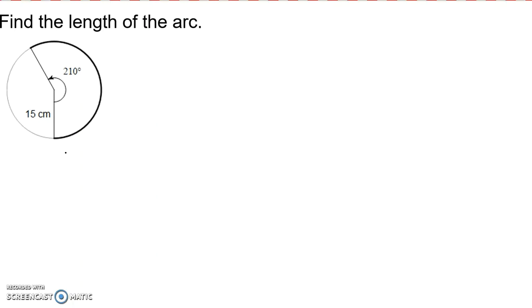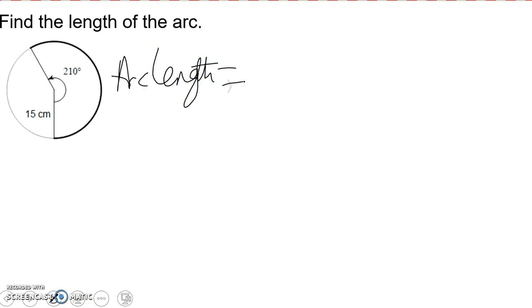So let's look at the length of an arc. Arc length is the distance around, so it's going to be part of a circumference. You find the circumference, which is 2 pi r, and then multiply it by the fraction of the angle.